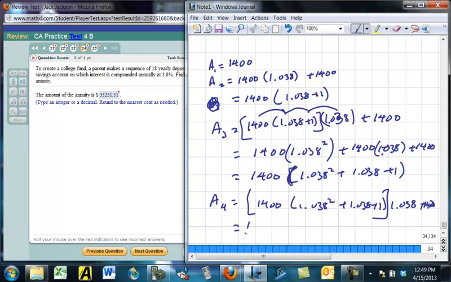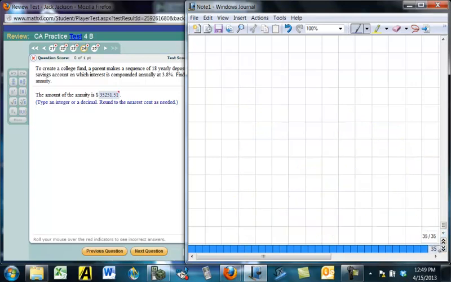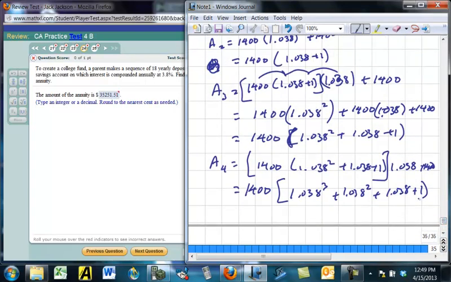Again, we can factor out the 1,400 and we're left with, when we distribute here, 1.038 cubed plus 1.038 squared plus 1.038 plus 1. By the way, 1 is 1.038 to the 0. So this is the sum from k equals 0 to 4 minus 1, 1.038 to the k.